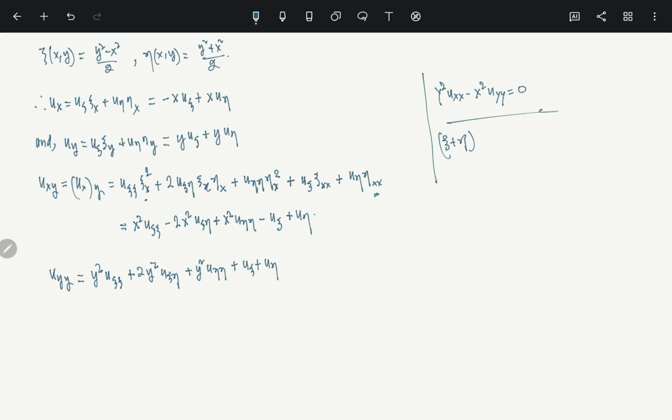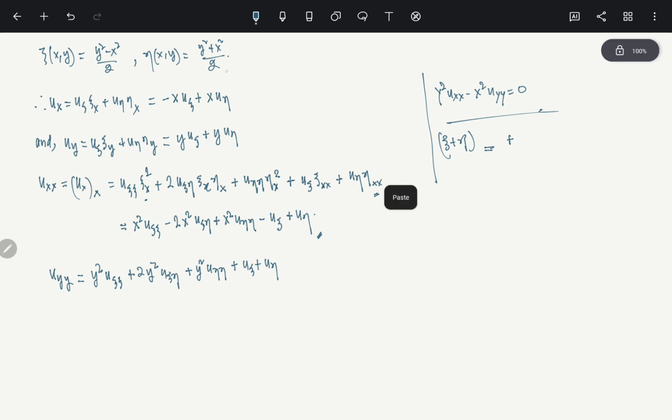And then uxx is, sorry, I made a mistake here. This is uxx. Okay, so uxx is this particular form, so we put this form plus minus x square.